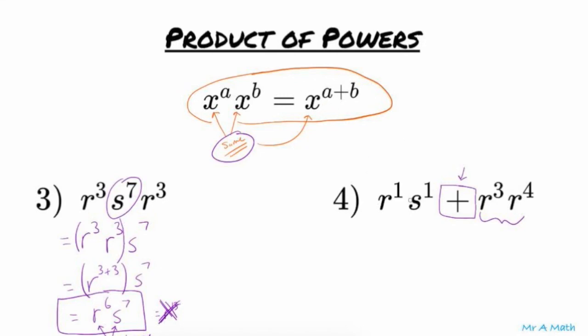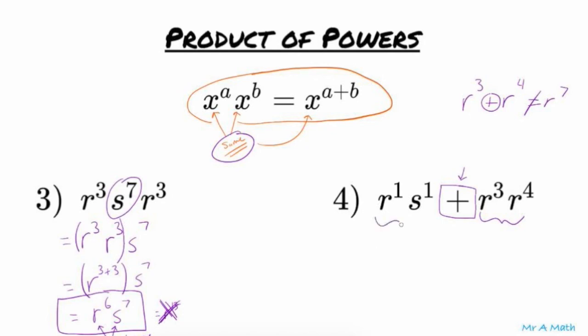If I'm adding together two numbers, like r to the 3rd plus r to the 4th, this is not r to the 7th because of the addition symbol. The product of powers is saying when I multiply two bases together, then I can add their exponents. So we need to keep that in mind.